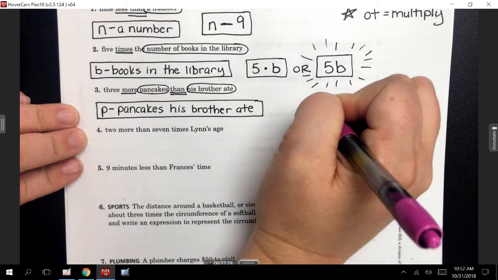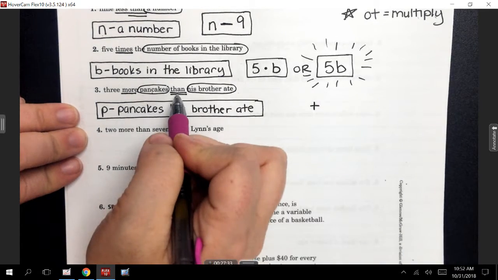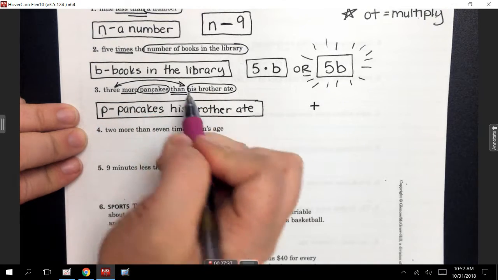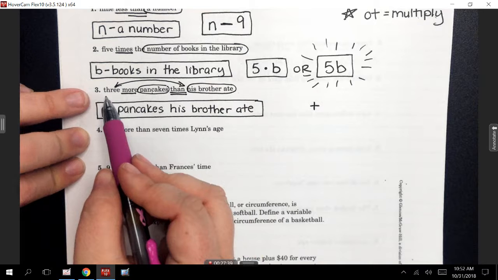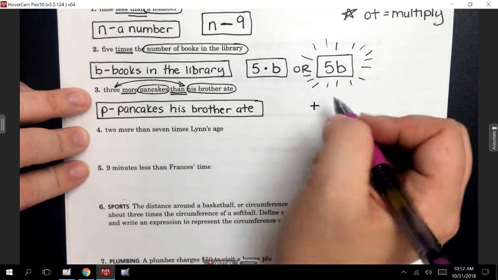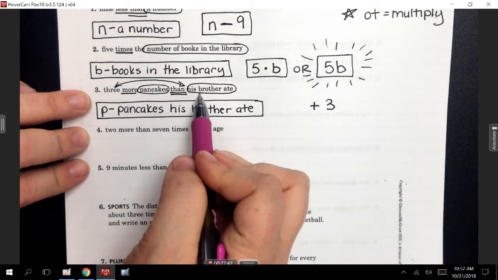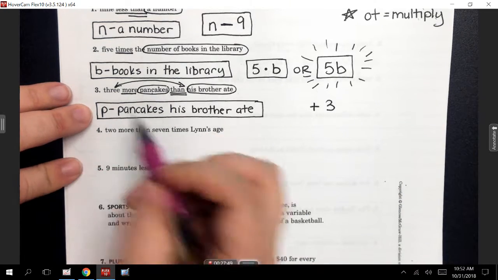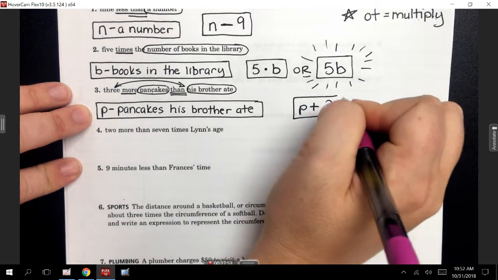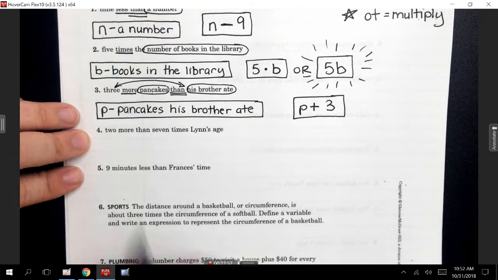More is going to be adding. So we're going to be adding, but it says than. So whatever is at the front is going to move to the back. So my 3, where is it going to go? Am I going to start off with 3? No, it's going to go to the back. I'm going to put it at the end. And my pancakes his brother ate, my P is going to go in front. All right, awesome.